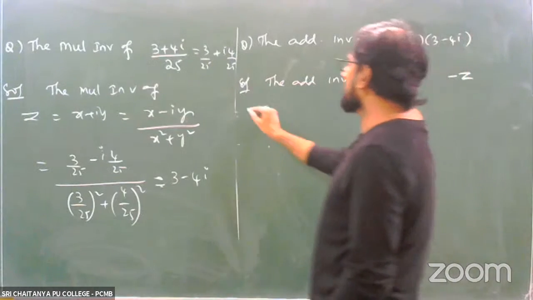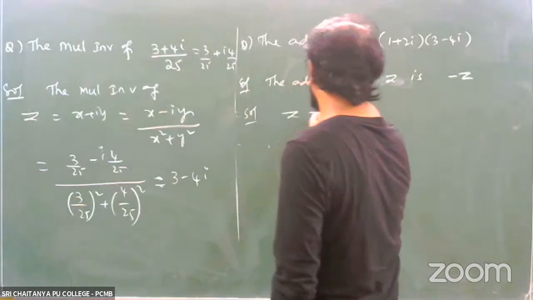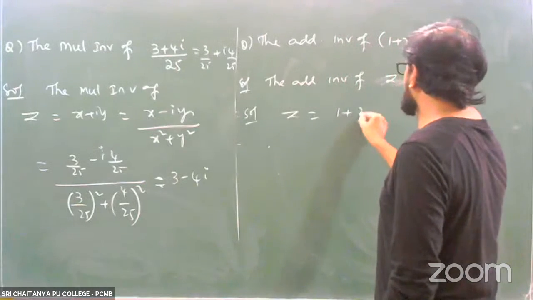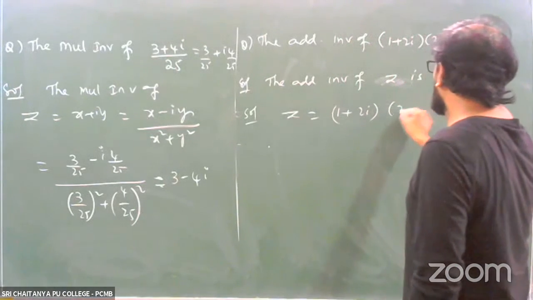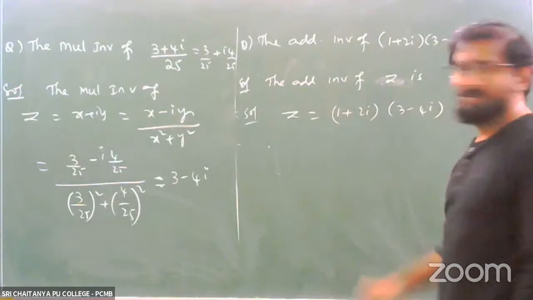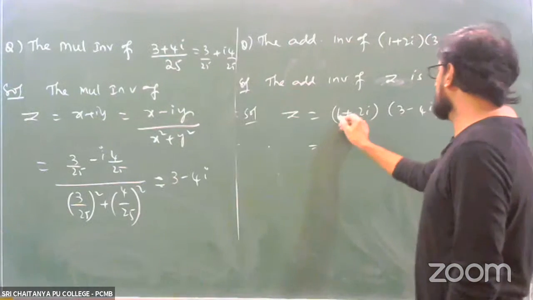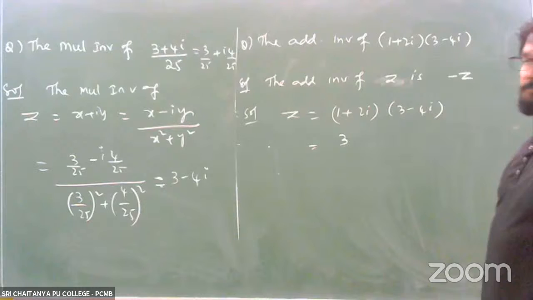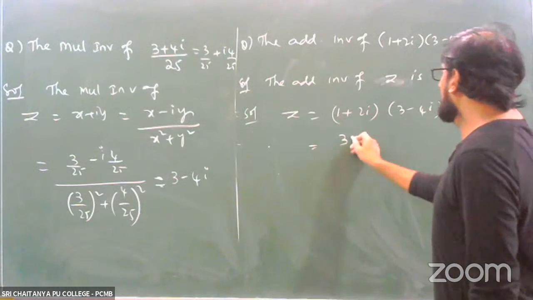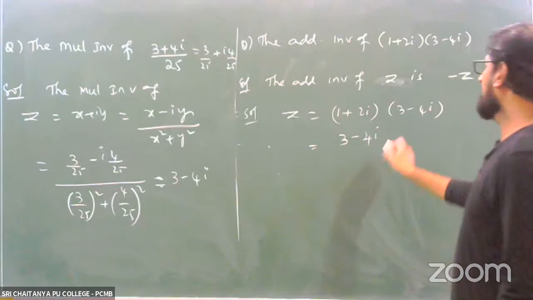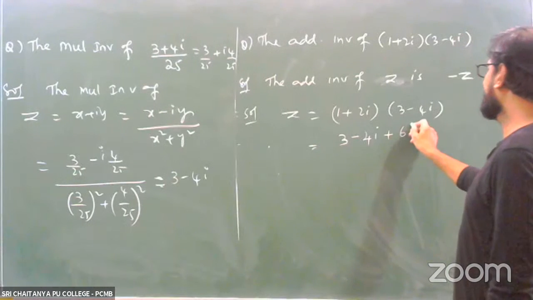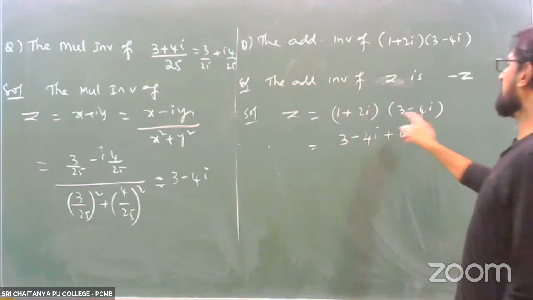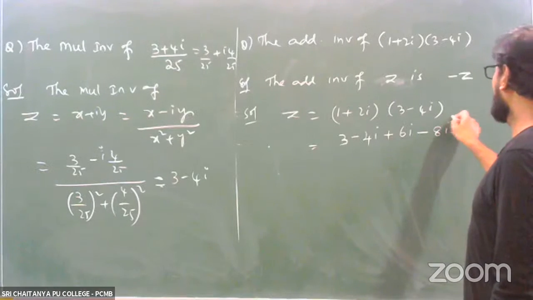Means see here, z is equal to (1 plus 2i) into (3 minus 4i), right? Now multiply these two: 3 minus 4i plus 6i minus 8i square.